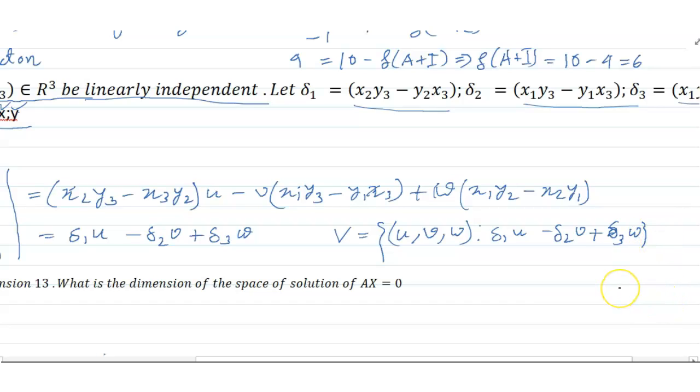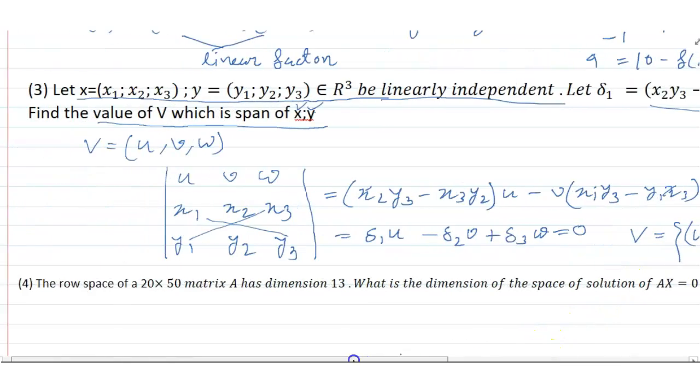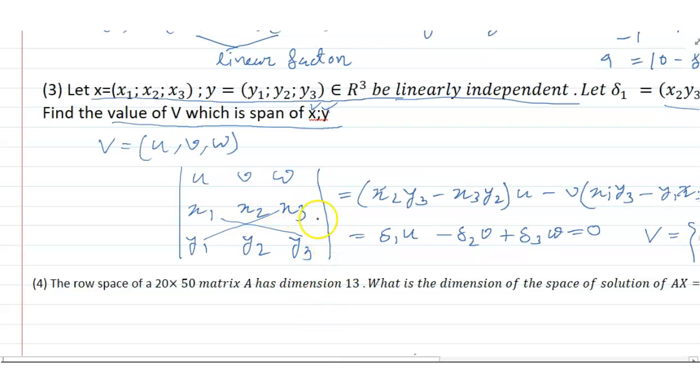This is my linear span. As x and y are linearly independent, you have to remember, but this combination is dependent, so this value is 0.